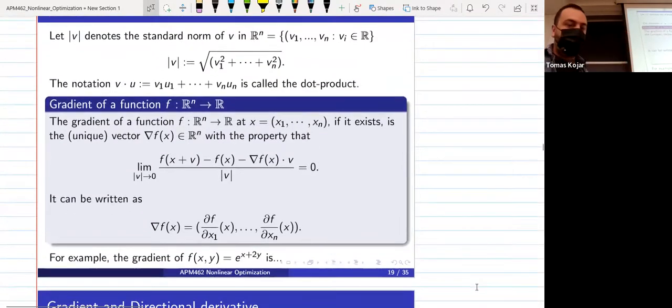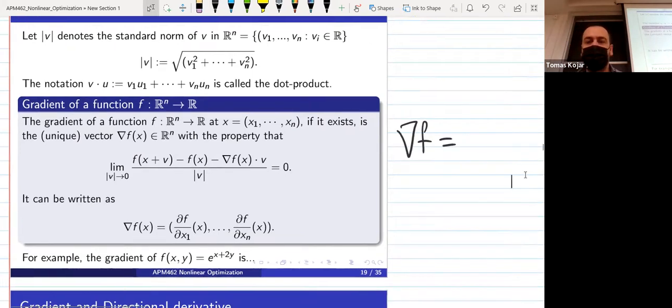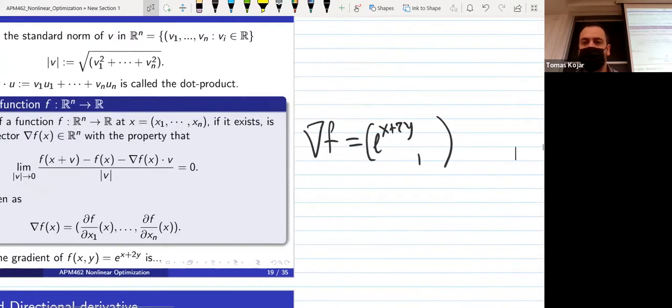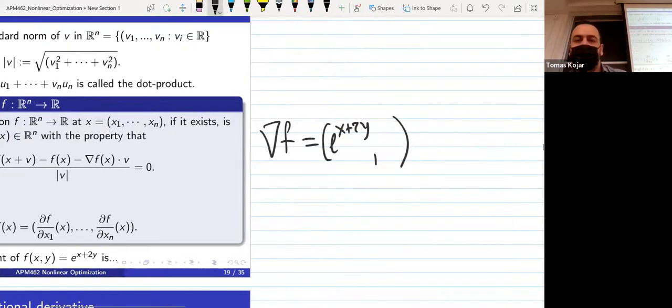So what do you think is the gradient of e to the x plus 2y? Nabla of f. For this one, what would be the first entry? Yeah, second one, perfect. Let me explain why.